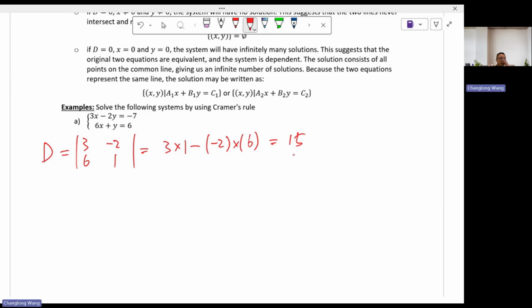And you don't have to do mental math, all right? So if the numbers are kind of ugly, use the calculator. So now let's build the X determinant. Can anybody tell me what number I should put for the first column of the X determinant?